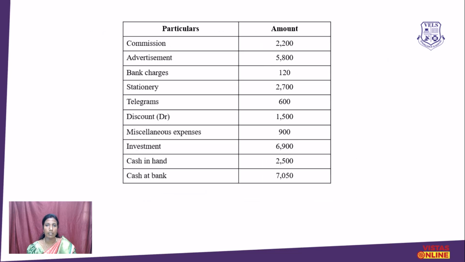Commission 2,200, advertisement 5,800, bank charges 120, stationery 2,700, telegram 600, discount to debtors 1,500, miscellaneous expenses 900, investment 6,900, cash in hand 2,500, cash at bank 7,050.